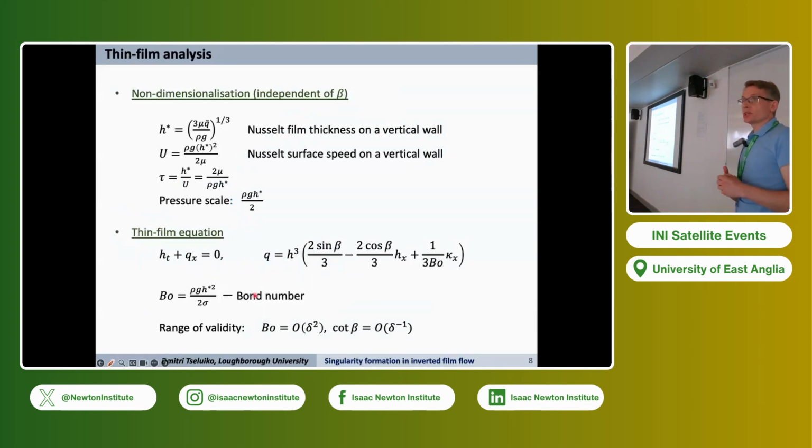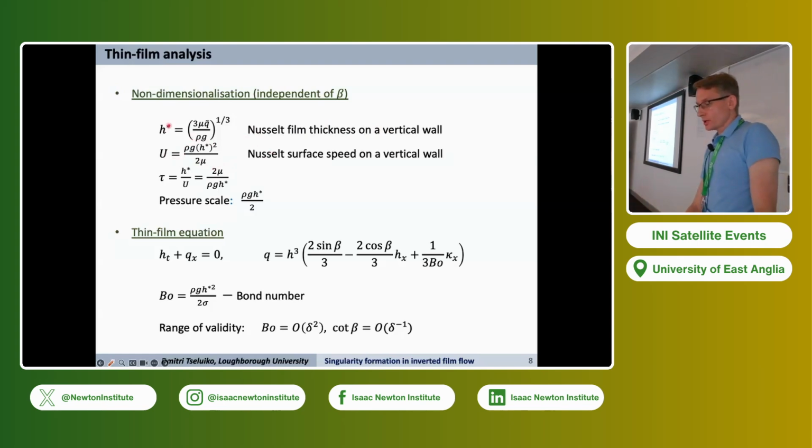It's convenient to non-dimensionalize the equations so that the scales do not depend on the inclination angle, because we are going to vary this angle. To do this, we non-dimensionalize distances by the Nusselt flat film thickness for the case of a vertical wall, and the velocities by the Nusselt surface speed.